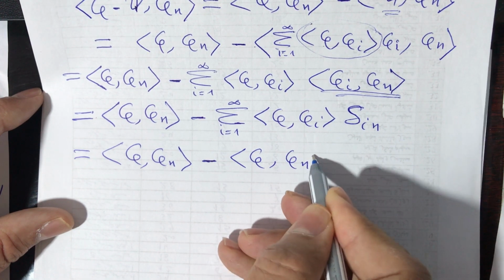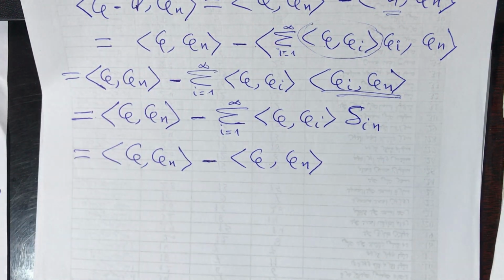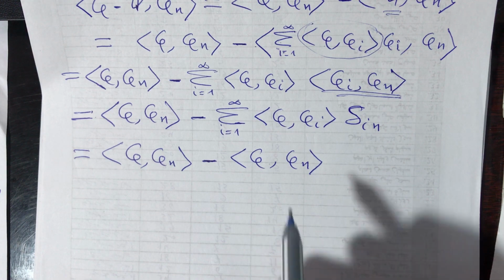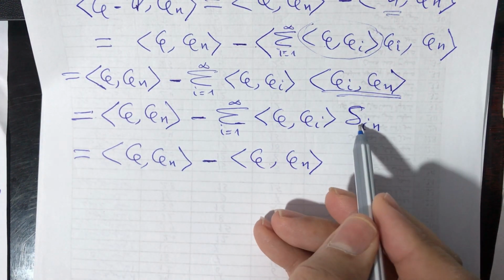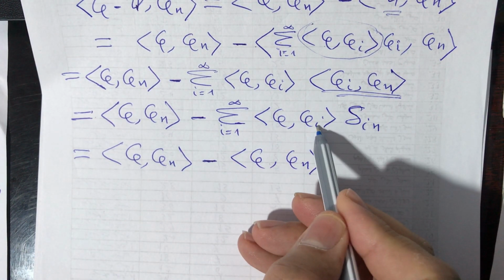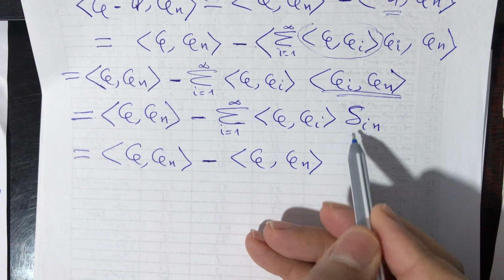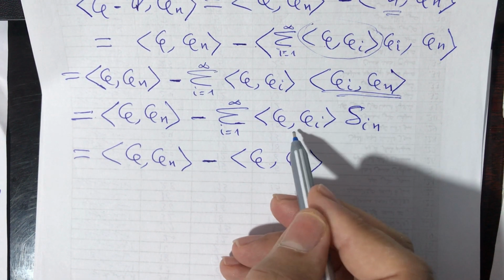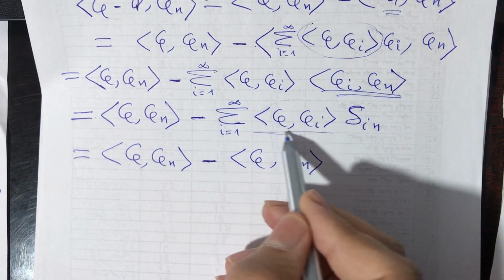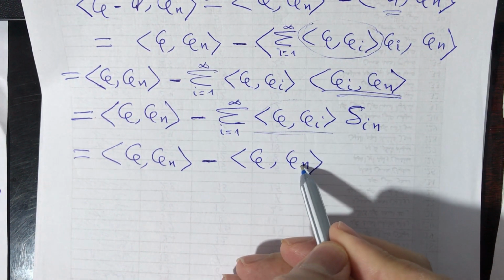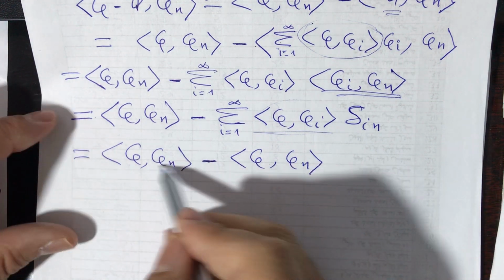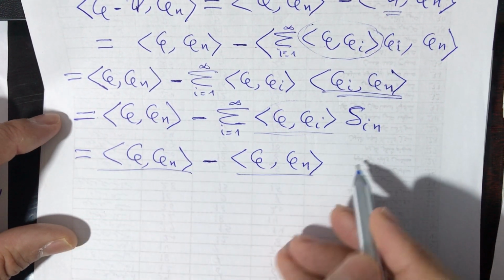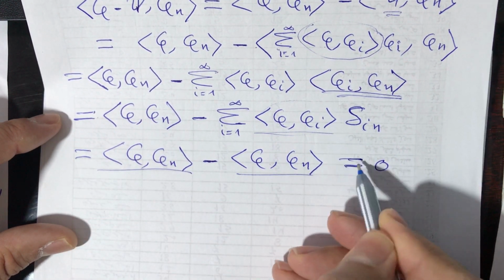Look here, this is 1 when i equals n, and if i is different from n, this is equal to 0. So this will be the equality phi n equal to phi n, and this minus this equals 0, the same.